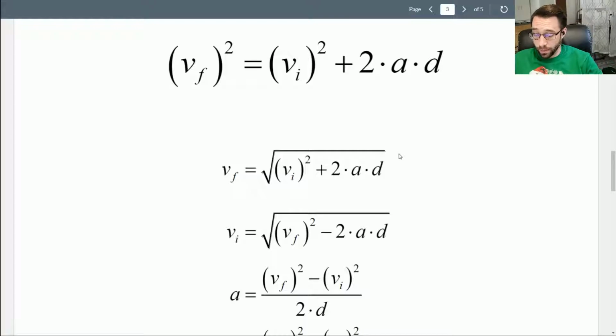Okay. So this is the equation that we're going to be writing down on our sheet. I'm going to have v sub f, and I'll change the color. v sub f is equal to the square root of v sub i squared plus 2 times the acceleration times my displacement.